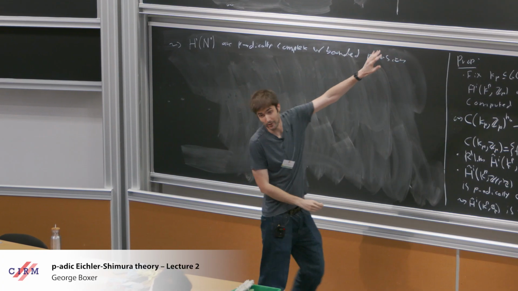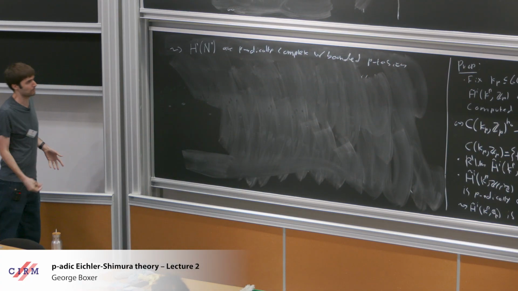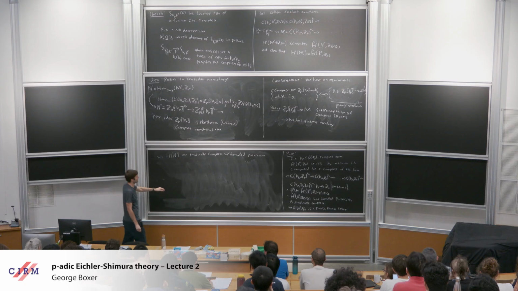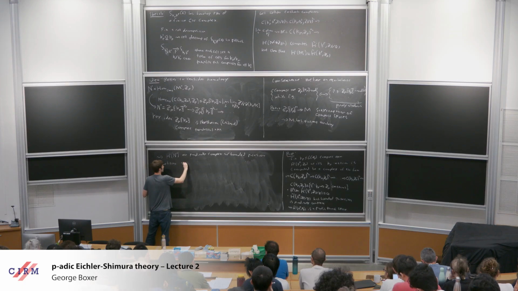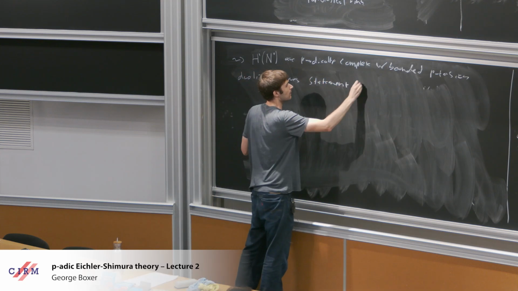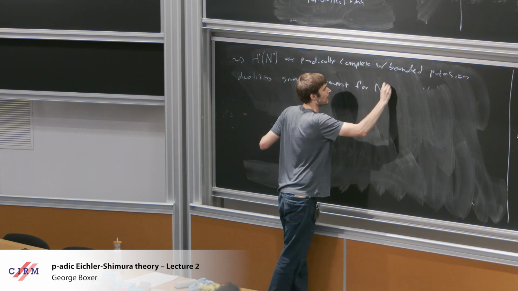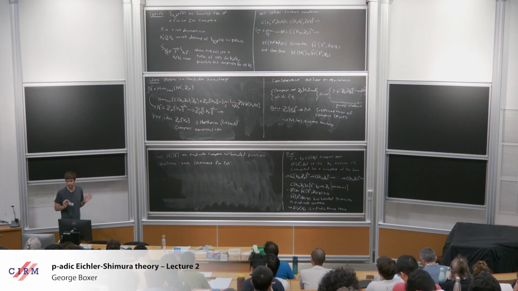In fact, because they're objects of this category, and all finitely generated modules of the Iwasawa algebra are p-adically complete with bounded p-torsion, dualizing gives the statements for M bullet. But I don't explain it carefully. Any questions about that?